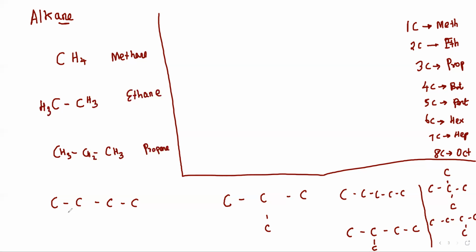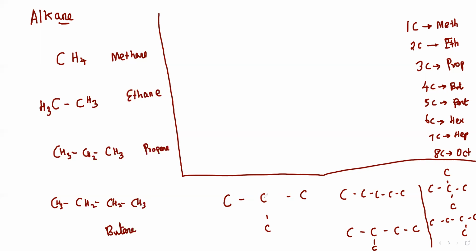And here we have 4 carbons. Tell me, how many hydrogens are required in the first place? 3, H3. Then here H2, H2, H3. So this is simply butane.